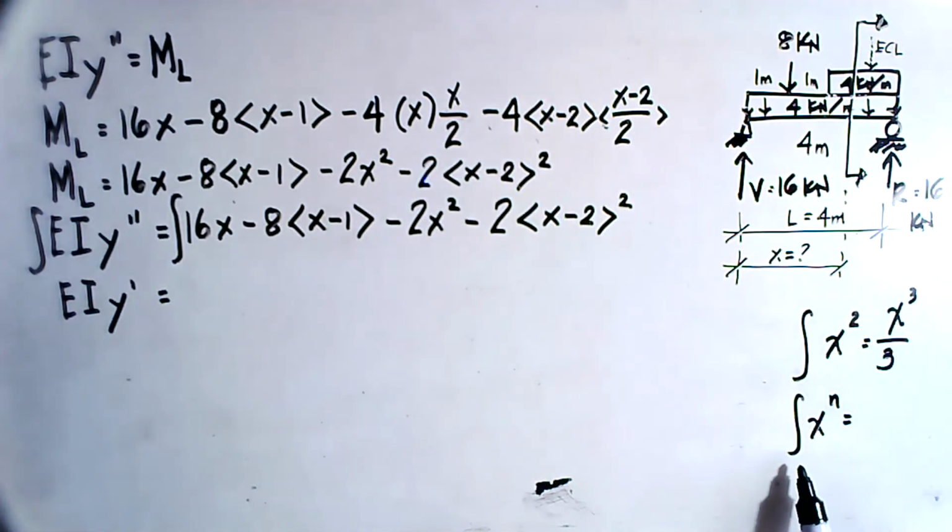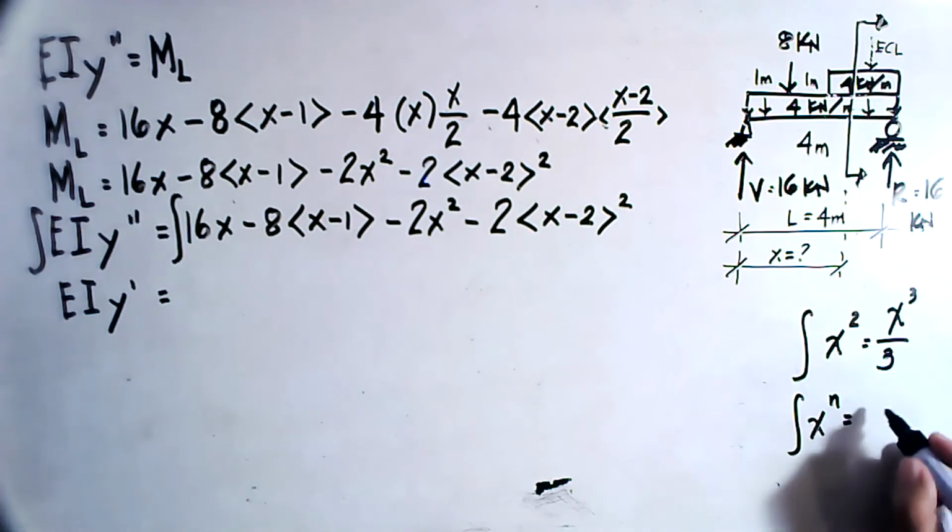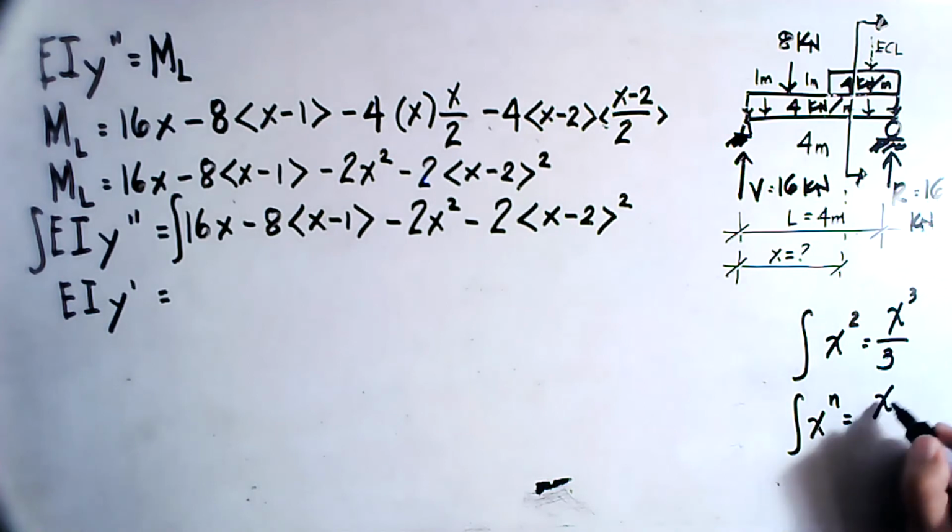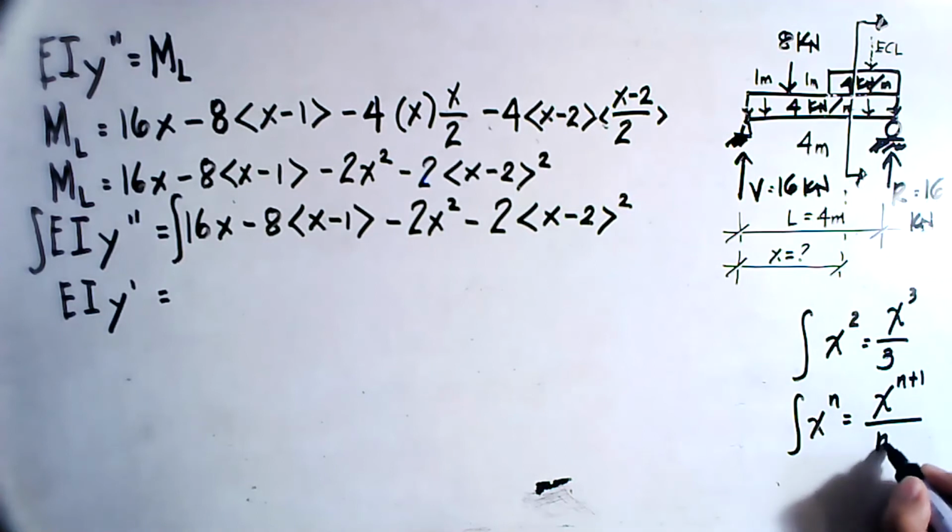Or that is simply stated, if you are going to integrate x raised to the n power, that will be x raised to n plus 1 over n plus 1.